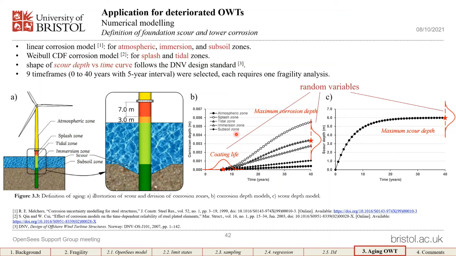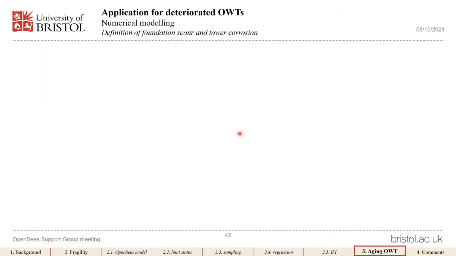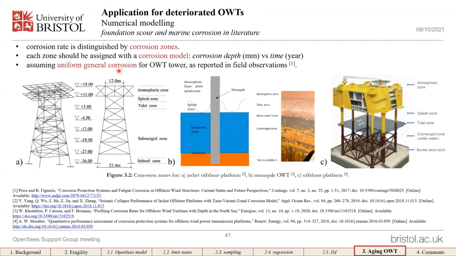Basically, the modeling is just a uniform corrosion model. But again, the uniform corrosion was observed on actual wind turbines from this paper, if you're interested. So it's not just any assumption. It has some references. Yeah, uniform corrosion of the tower.